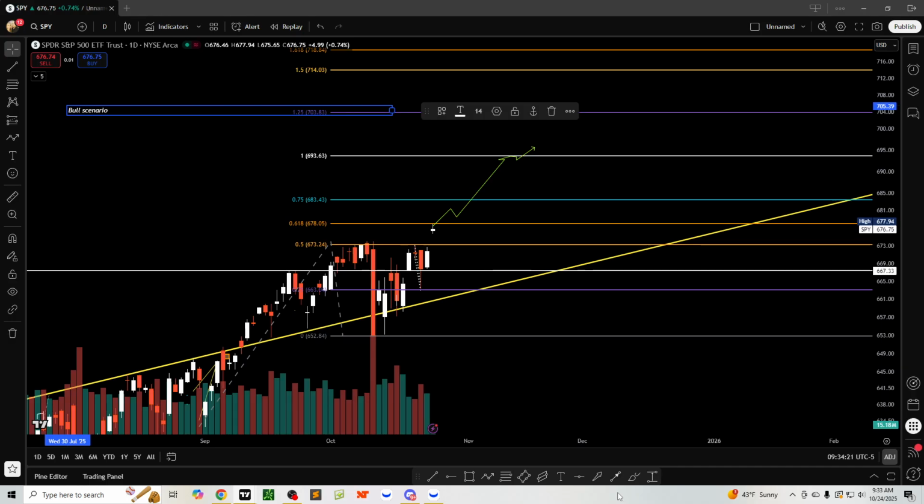Bull scenario, weekly: the 618 extension, not retrace.